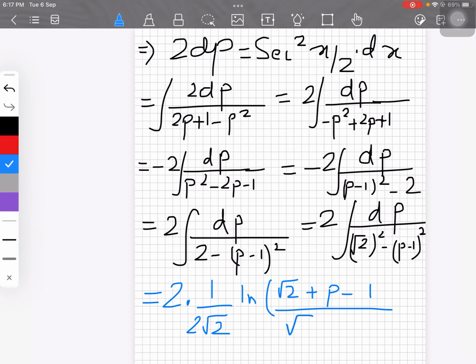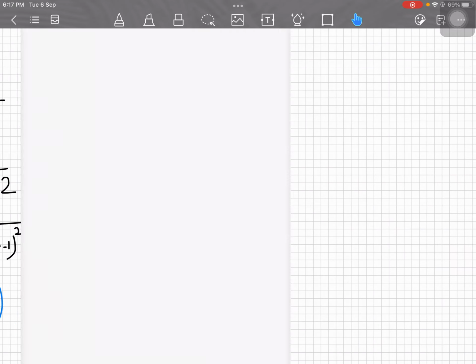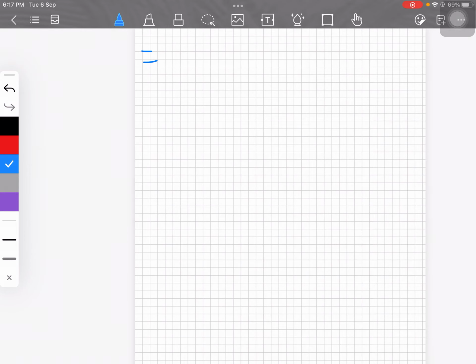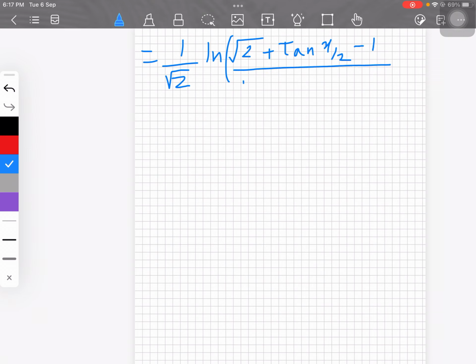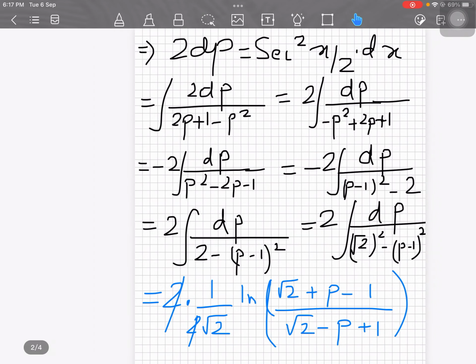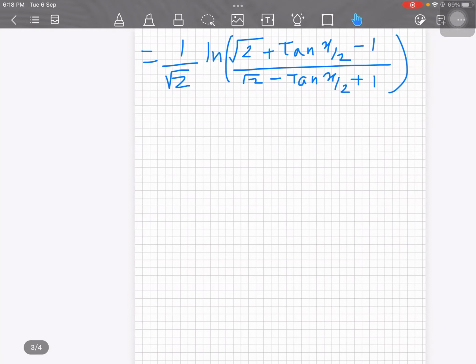Now it is root 2 plus p, minus 1. This 2 cancels this 2, and finally your answer is 1 over root 2 log of root 2 plus tan x over 2, replacing with the original value, minus 1 over root 2 minus tan x over 2 plus 1. One is positive over here, and one is negative over here.